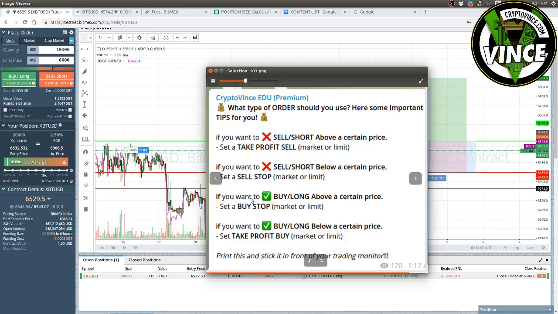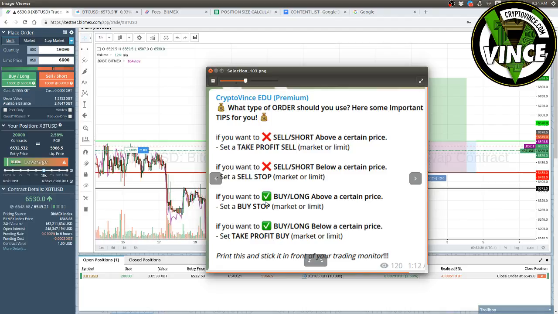So if you want to buy long above a certain price, you have to use a buy stop. But if you want to buy below a certain price, you can use a take profit. Remember, take profit, a limit, we're talking about the same things pretty much.